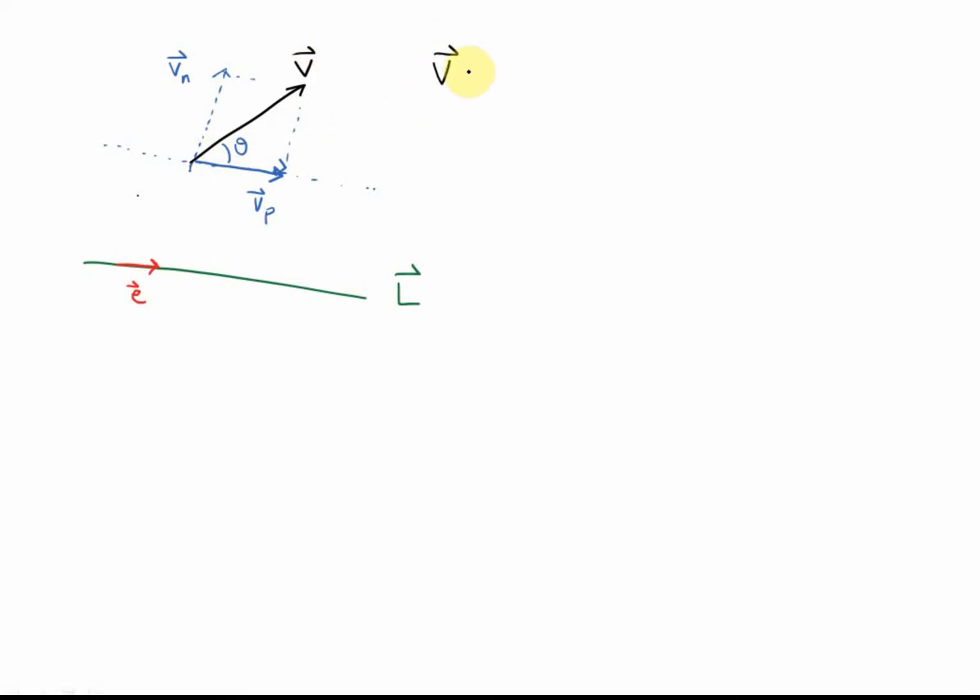Then your V is equal to V_P plus V_N. So this is the component parallel to a given line, our given line is L, and this is the component normal to the given line.